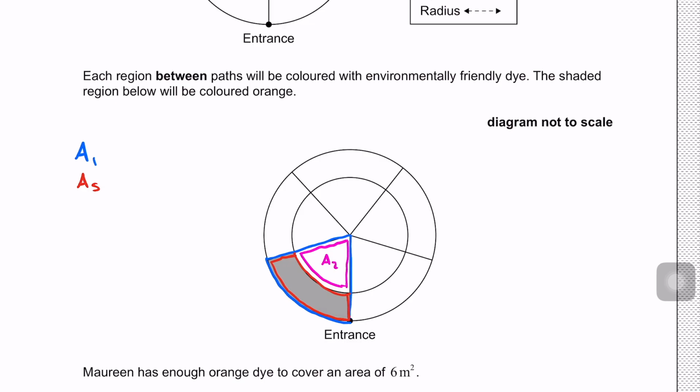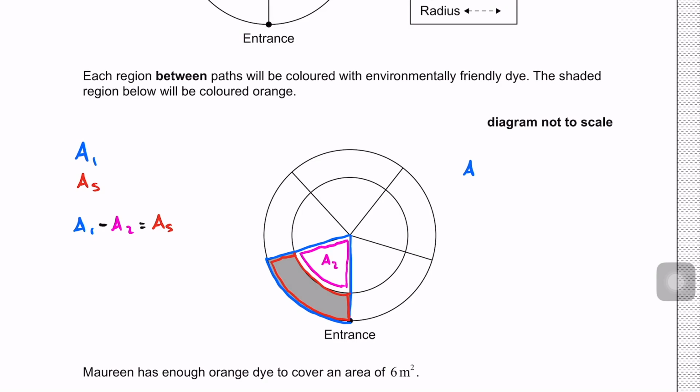A2 should be the smaller one. So if we wanted to write an equation, we could do it like this. A1, big area, minus the small area, which we called A2, should give us area shaded. I guess it doesn't really matter the subscripts that we use, these little 1, 2, or S, but big area minus the little area will give us the shaded region. Okay. So what is the big area? What is A1?